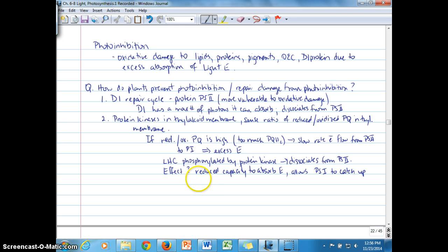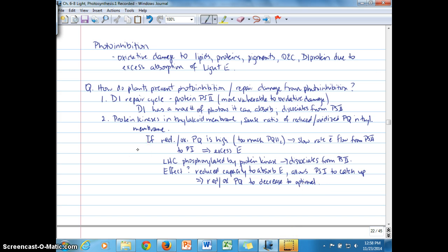So essentially it's going to cause the reduced to oxidized form of PQ to decrease back to the optimal level. Or, in other words, increase the oxidized form, so that more plastoquinone in its oxidized form is available again for accepting electrons from photosystem 2.